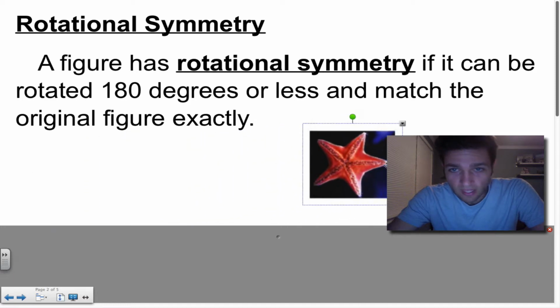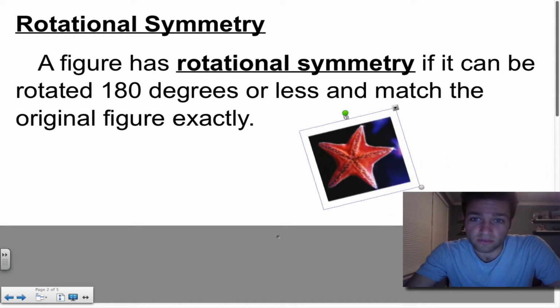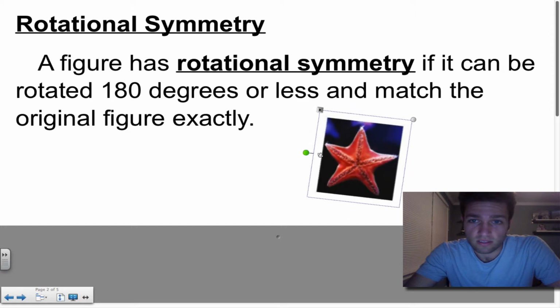So I got this picture of a sea star because it's very simple to see rotational symmetry in something like a sea star. If you look, there's 5 different points. So if I rotated this, I don't even have to rotate it 90 degrees. I can rotate it just to here.